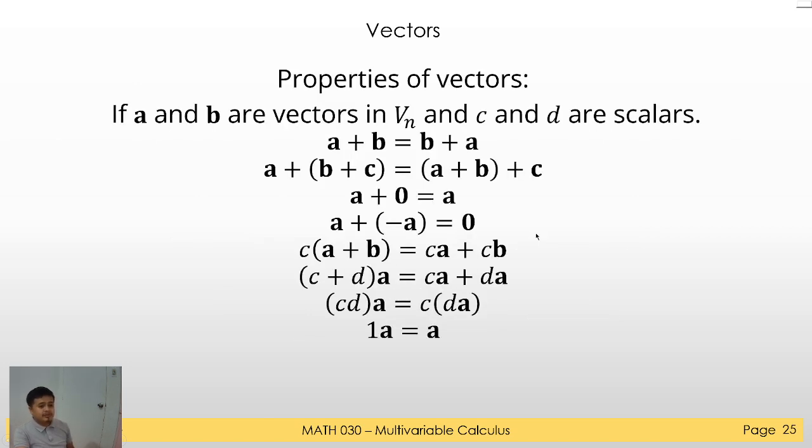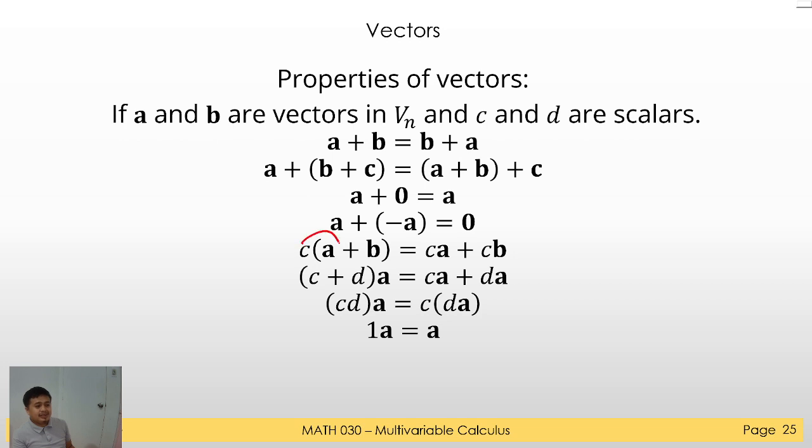So moving on, we have the different properties of vectors. I will discuss this thoroughly. This is similar to what has been discussed in your linear algebra course, or in general, the properties of real numbers. So we have the commutative property of addition, the associative property of addition, the zero identity, and the inverse addition property.